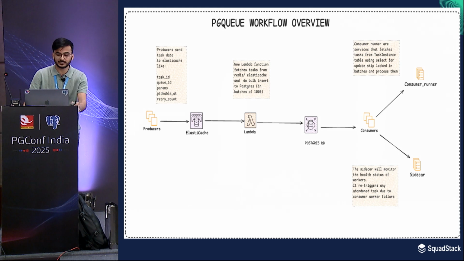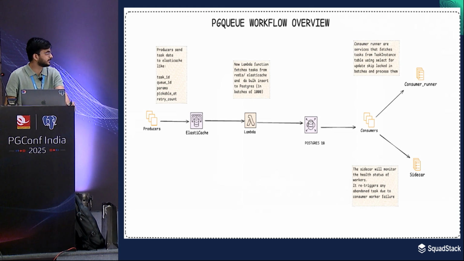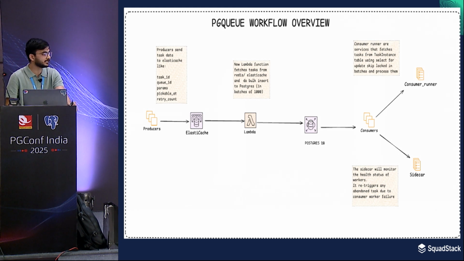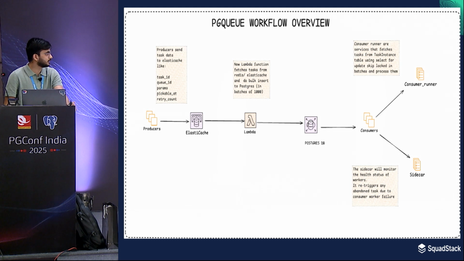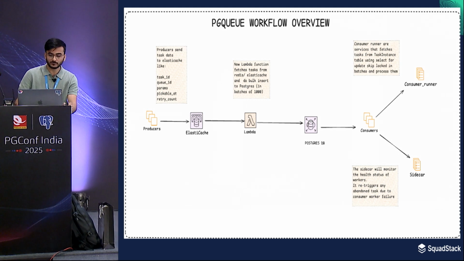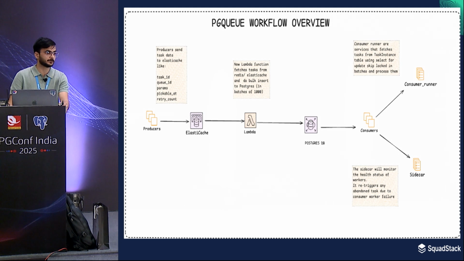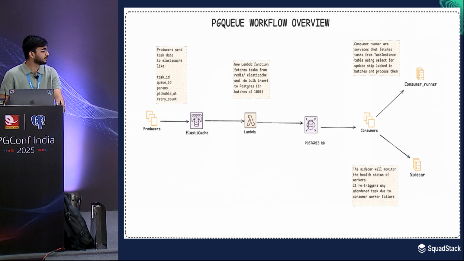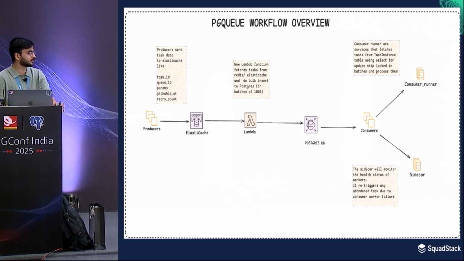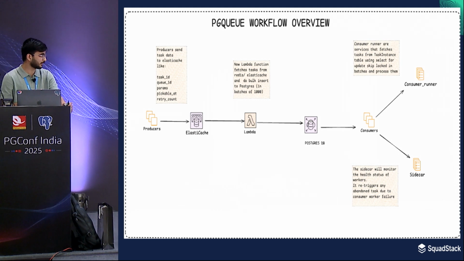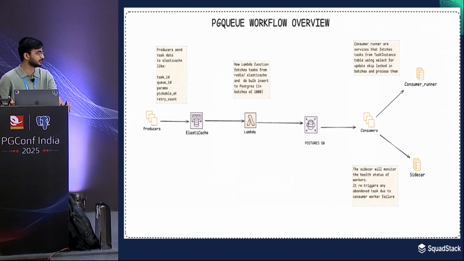The sidecar just monitors the health of the consumer workers. It syncs the IP address and the process ID of the worker with a table in the database. And if there are any discrepancies, it will update the status of the task that is in a failed state, or basically abandoned.